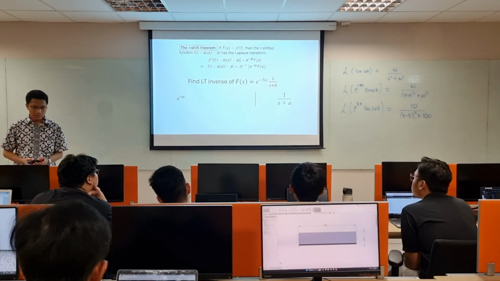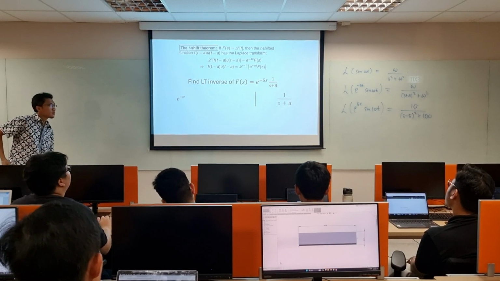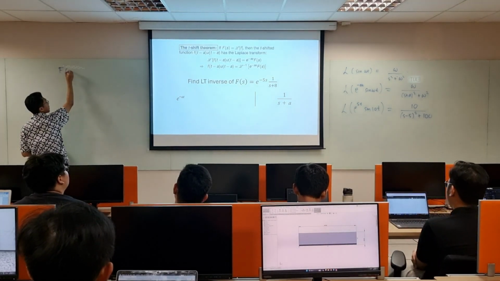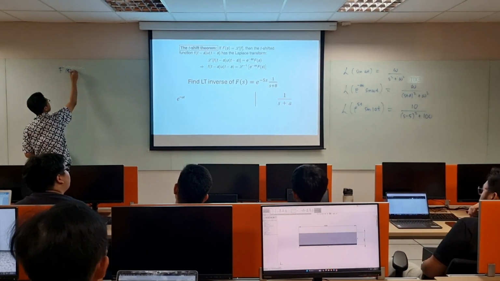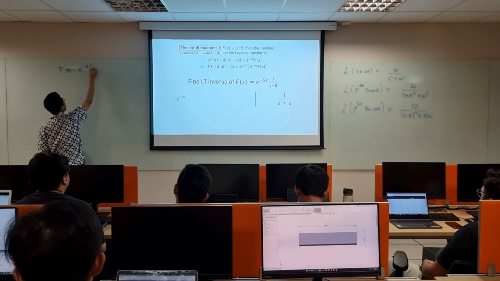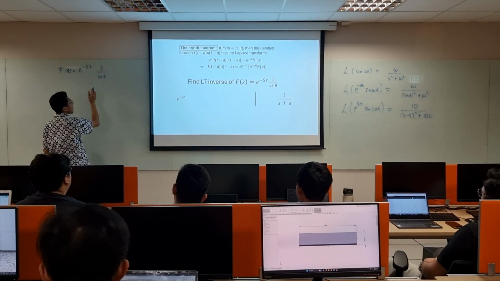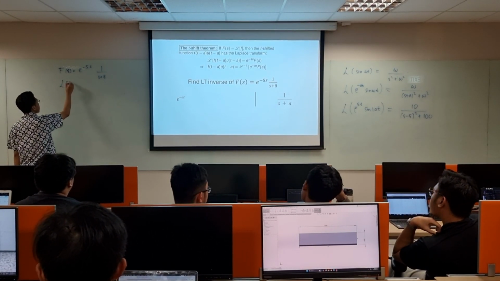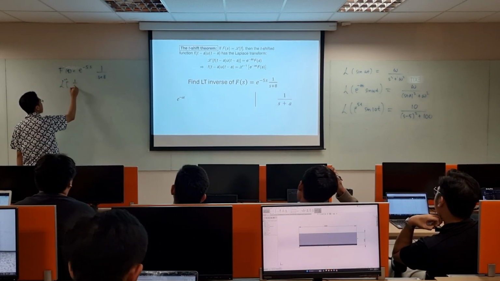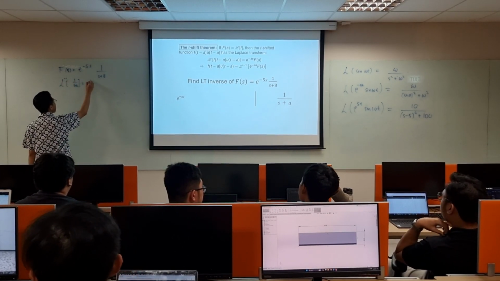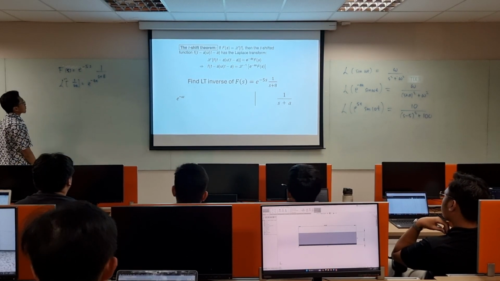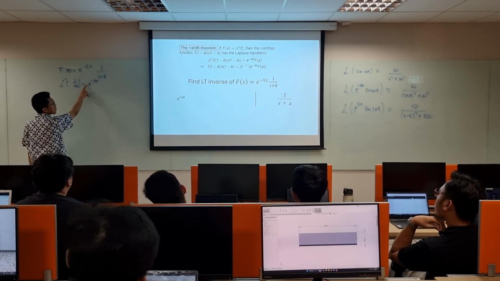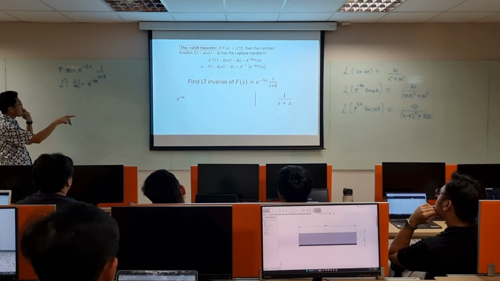So how do we do this? You have F(s) equal to 1 over s plus 8. So the first focus is to find the inverse of this, which is e to the minus 8t, since it is just 1 over s plus a.